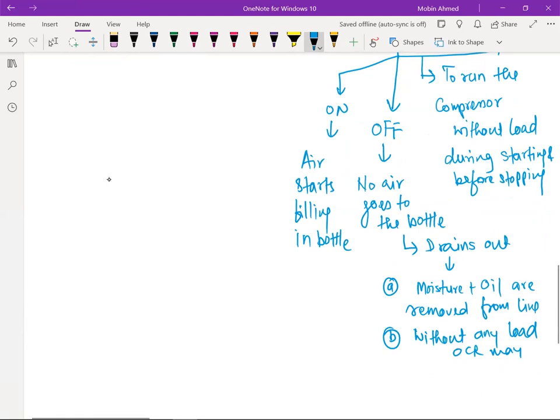That is the reason why it is starting without load. Due to the inrush current, generally it will get tripped. So these are the two purposes. It is going to start without load. Hope it is clear about the MAC.